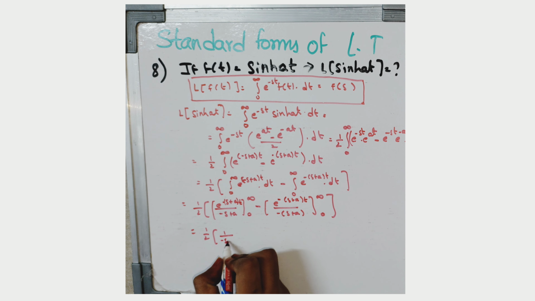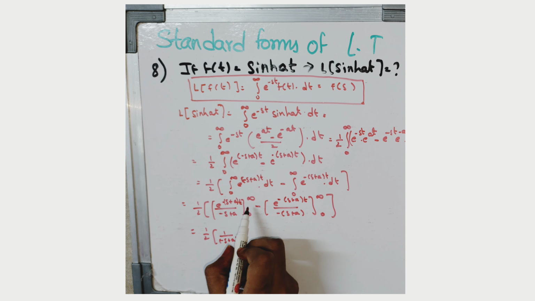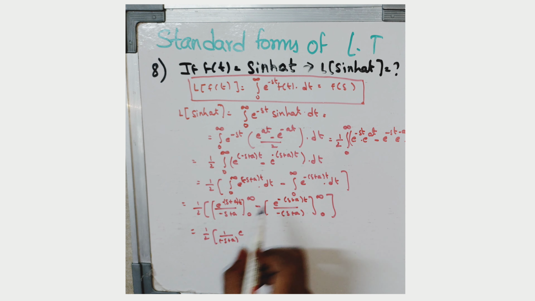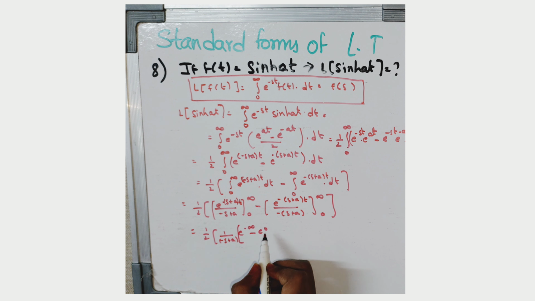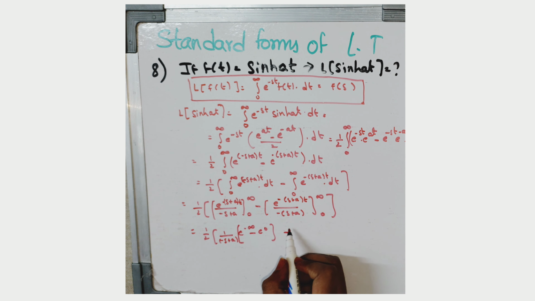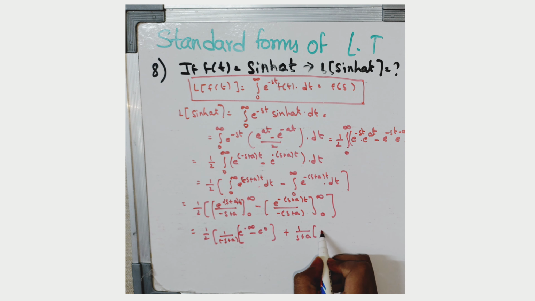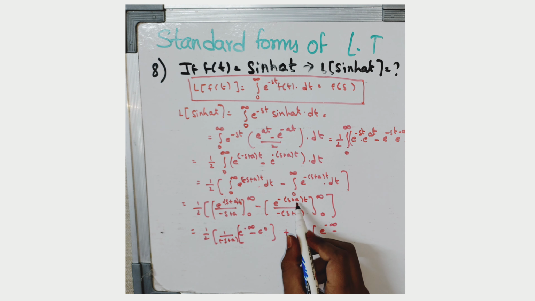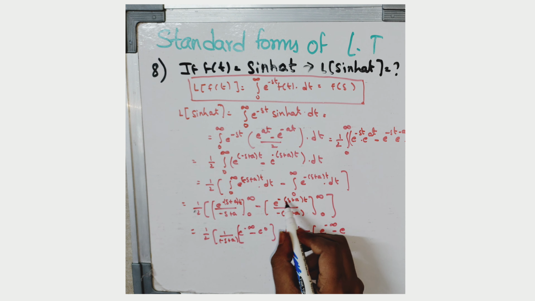So 1 by 2 into minus 1 by s minus a into e power upper limit minus lower limit, that is e power minus infinity minus e power 0, minus, take s plus a common, by s plus a into upper limit e power minus infinity minus lower limit e power minus of s plus a into t.